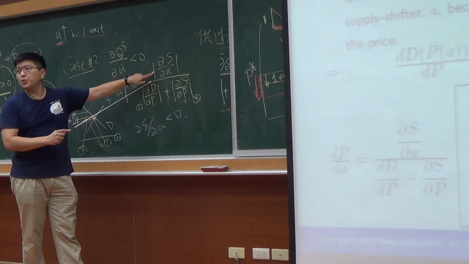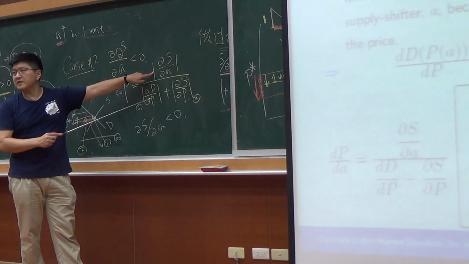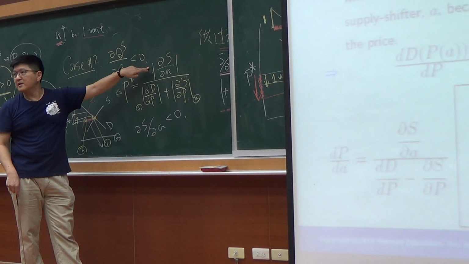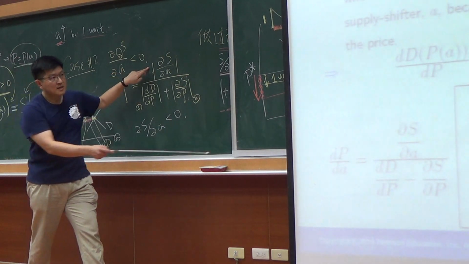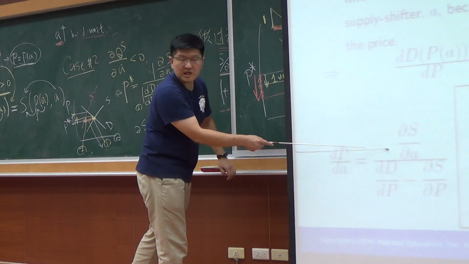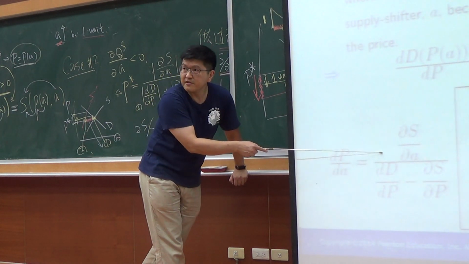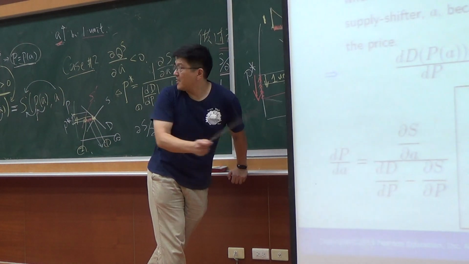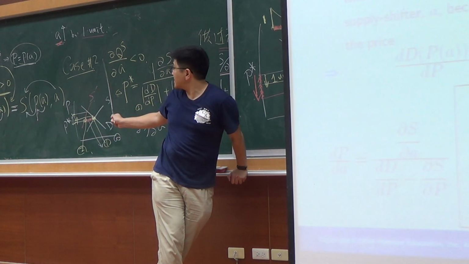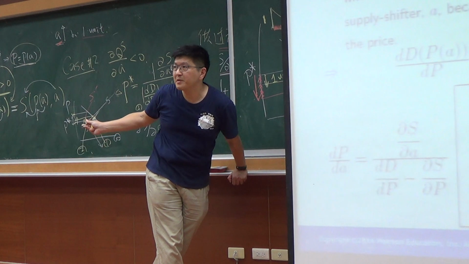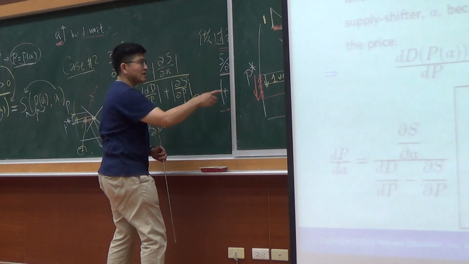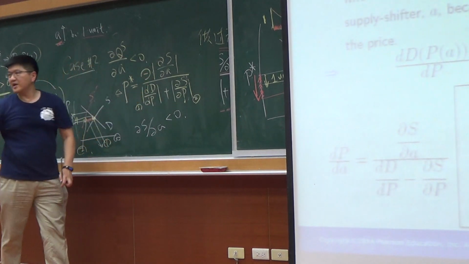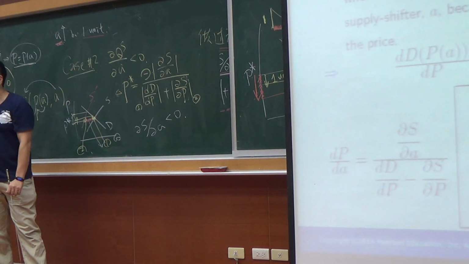So should we put some minus sign on the numerator? Should we do that? It depends on, what do you think? Is it positive or negative? By assumption, case number 2, we assume it to be negative, right? So this is negative, so we need to give it a negative sign. Okay?